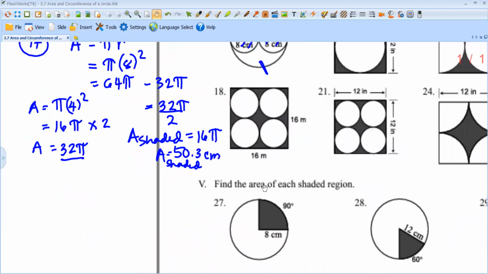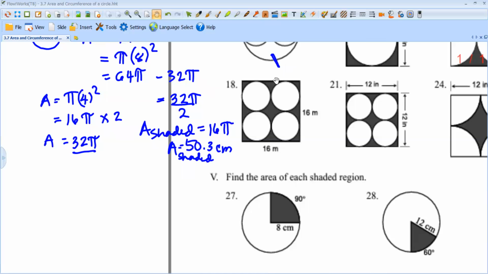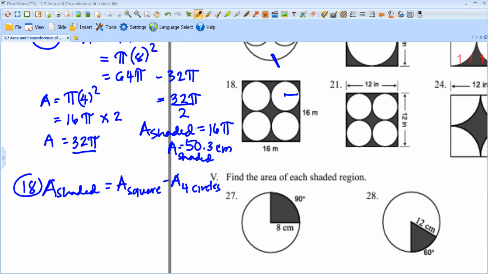Number 18. On number 18, we will get the area of the small circle and the area shaded. So let us check first. Area shaded is equal to the area of the square minus the area of the 4 circles.